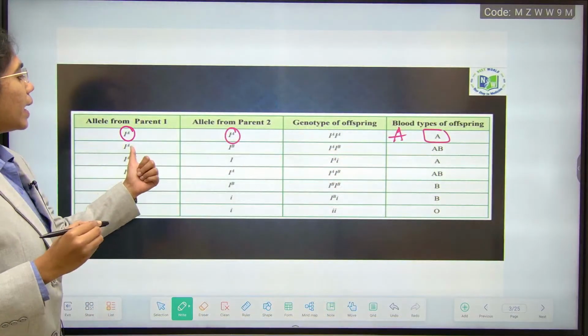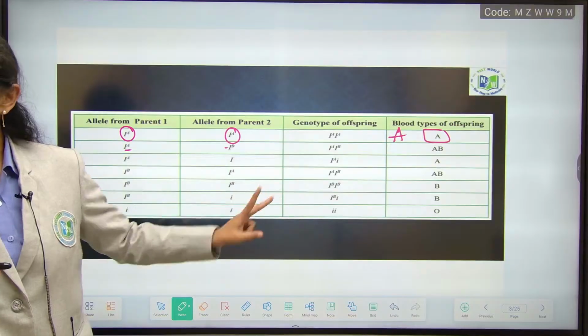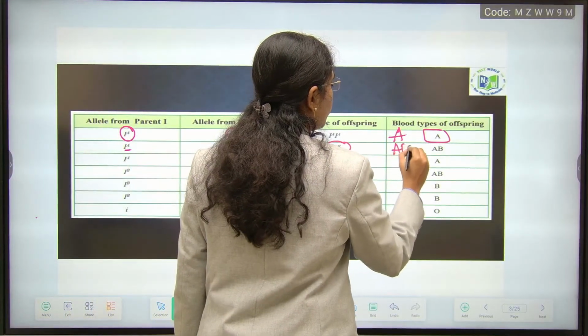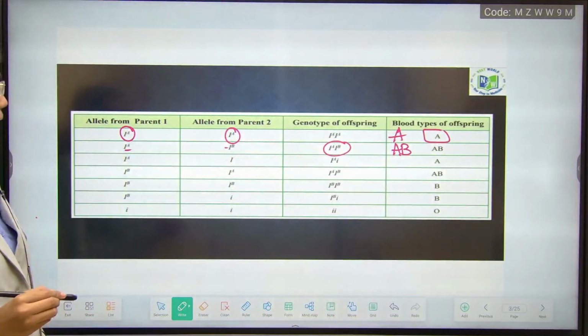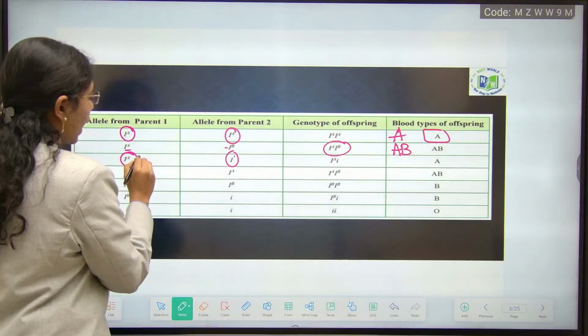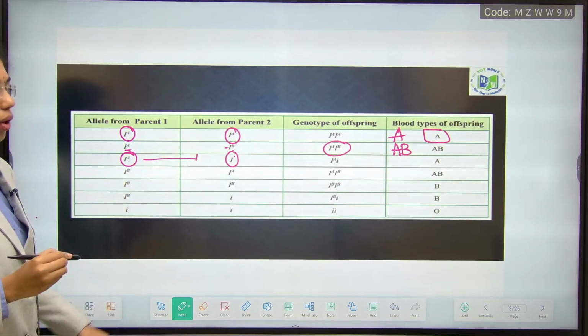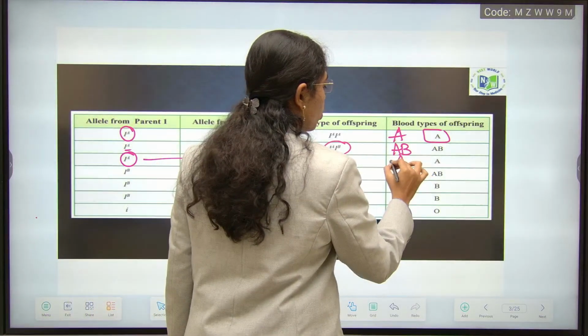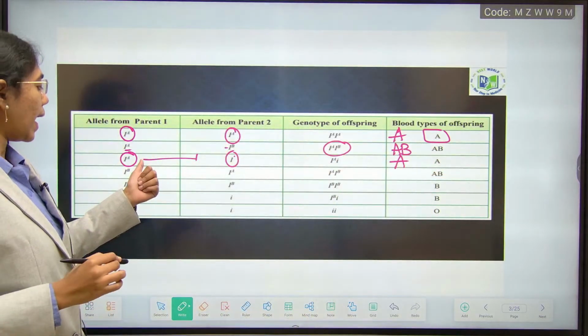If IA and IB are present, both the alleles will show their expression in the offspring, giving rise to AB blood grouping. Only IA and IO, where IA is dominant over IO, will mask the effect of the IO allele, giving out just A blood group, and it will have A antigen itself.